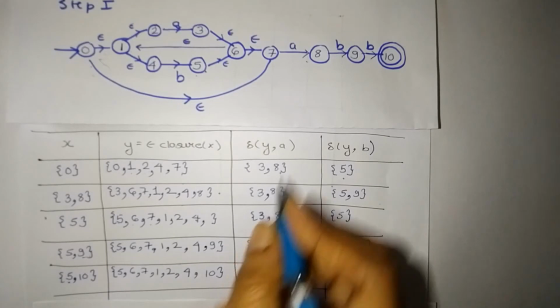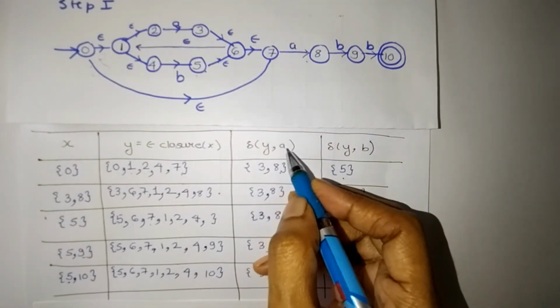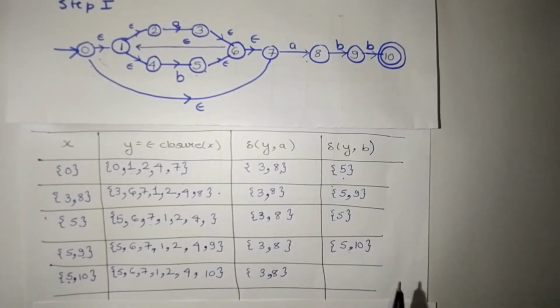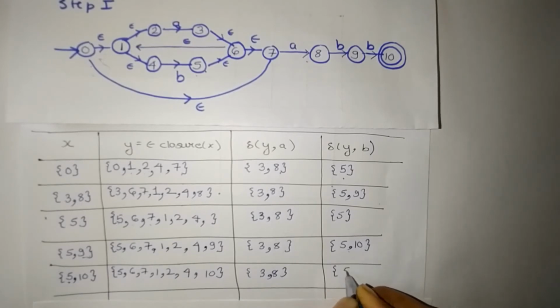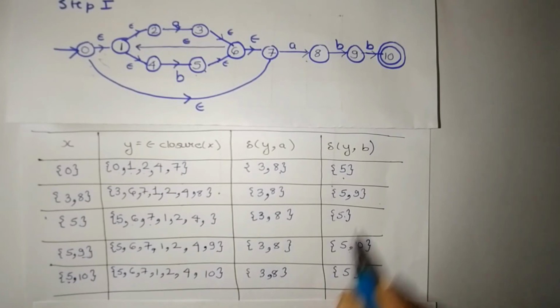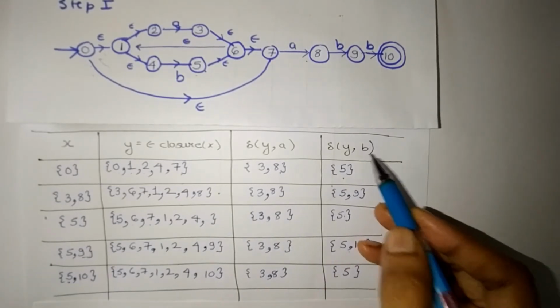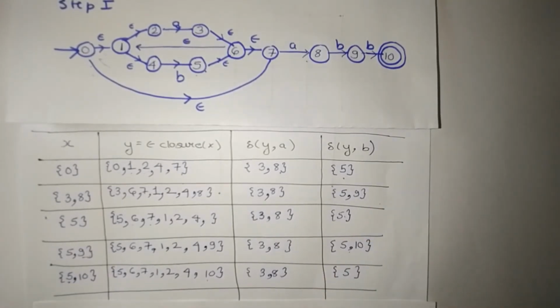Is there any transition from 10 on A? No, so there will be nothing here. And this will be 5 as it is. Is there any transition on B from 10? No, so it will be 5. So this is your transition table for the given NFA with epsilon moves.